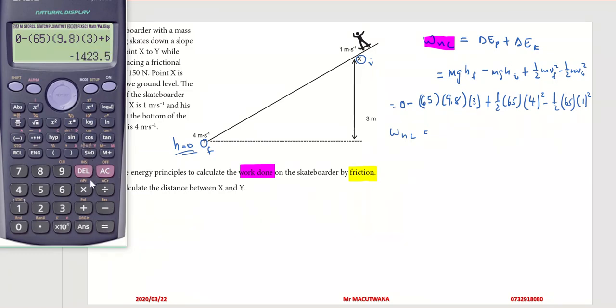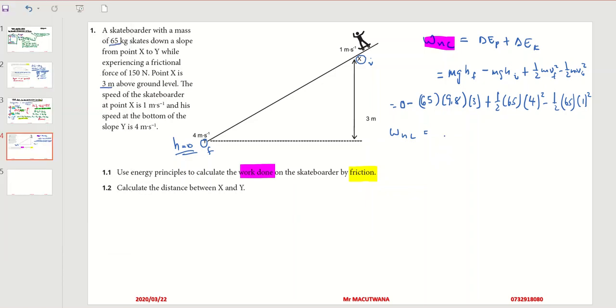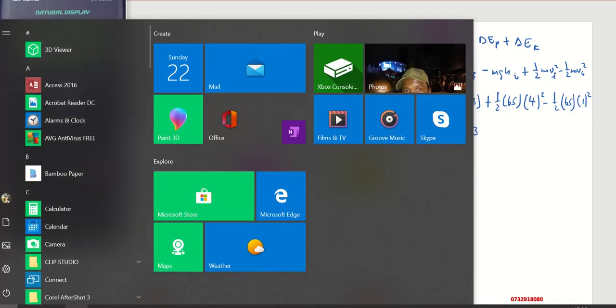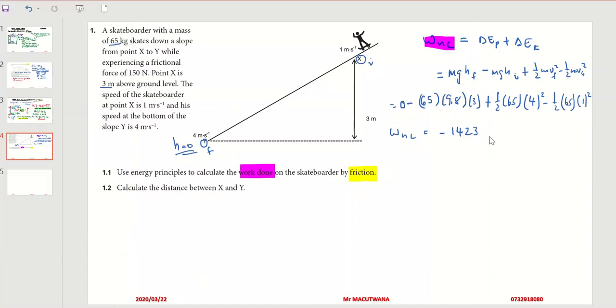Then we get negative 1423.5. Now remember, the instruction is always to round to a minimum of 2 decimal places.